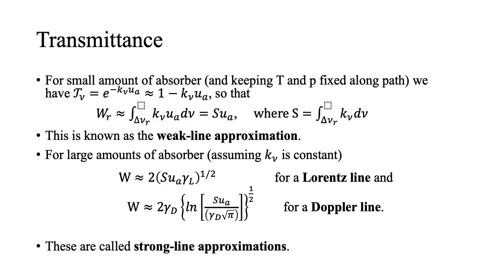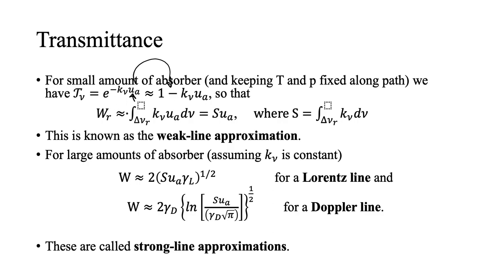Also, in the case in which you have very small amounts of absorbers, the exponential here is pretty small because the mass is small. And so you can always Taylor expand this into this function here, a simple linear function. And so the equivalent width can be computed very, very simply.